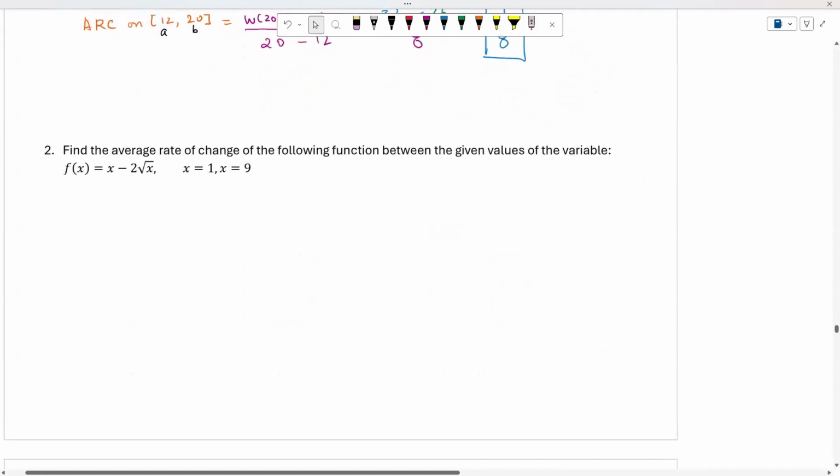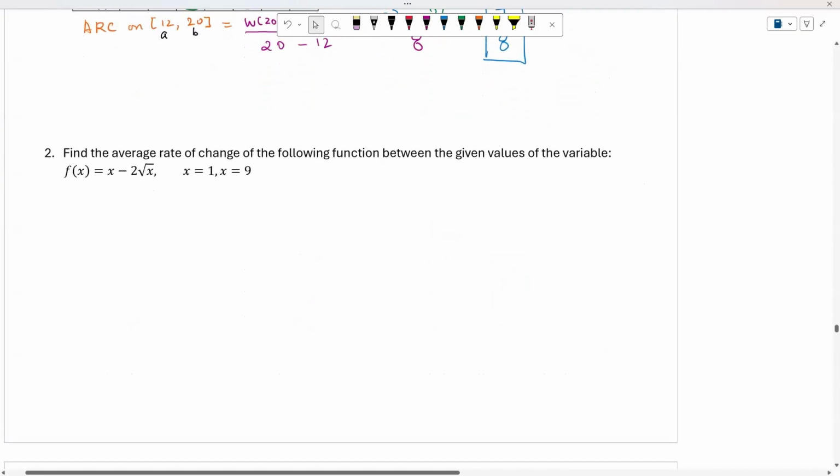So now if we have a function, then how do we actually work out the problem? Okay. So for this one, same thing, I would like to find the average rate of change on the interval between 1 and 9. Then my first step is I'm going to set it up.